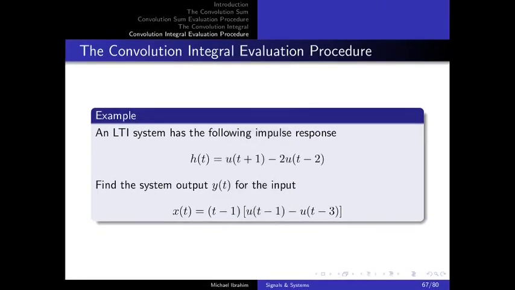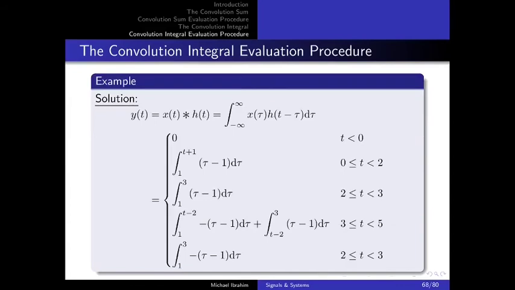So now we have this LTI system, and here in the slides I've chosen to keep x of tau as is and h of tau to be mirrored and shifted. But on the whiteboard I did the other way around. I kept h of tau as is and I mirrored and shifted x of tau. That's why the limits of the integration are slightly different and the function inside the integration is different, but the final result would be the same.